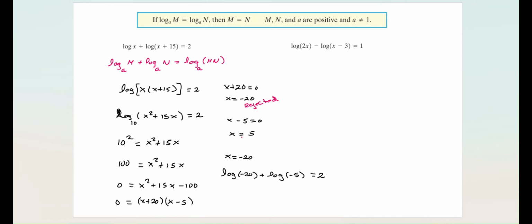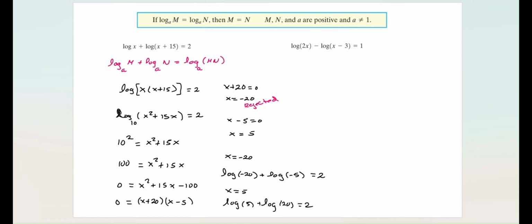Now, when you check your solution, x equals 5, this would be log of 5 plus the log of 5 plus 15, which is 20, equals 2. That should be good because the log of 5 exists and the log of 20 exists.